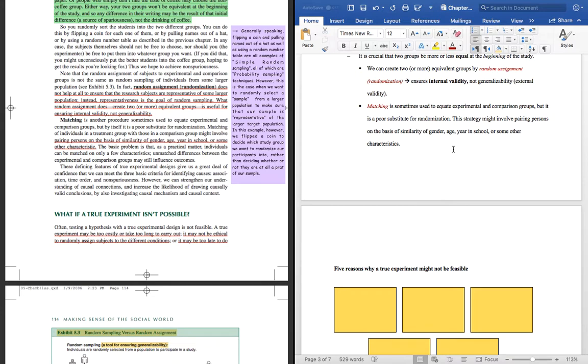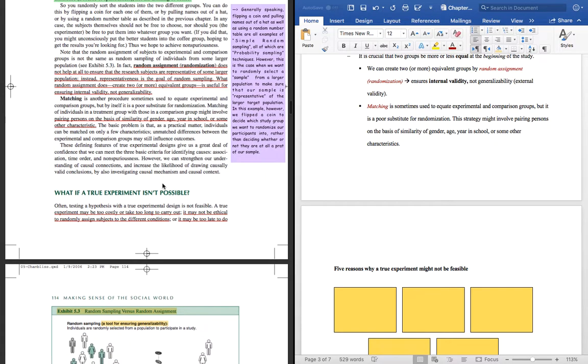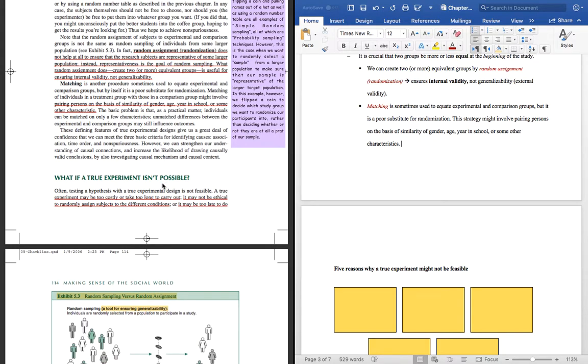It might involve pairing persons on a basis of similarity of gender, age, year in school, or some other characteristics. It means that, for example, if we have half of our experimental group as women, we make sure that in our control group, half of our participants are women as well.